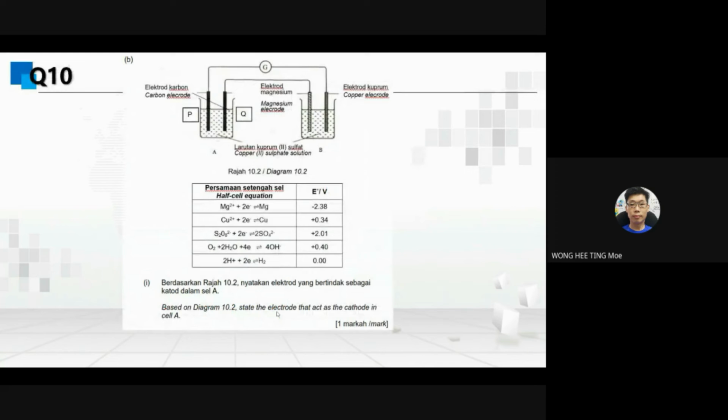Okay, now B. So based on the diagram, state the electrode that acts as a cathode in cell A. For this one, class, A and B, which one is the voltaic cell or chemical cell?